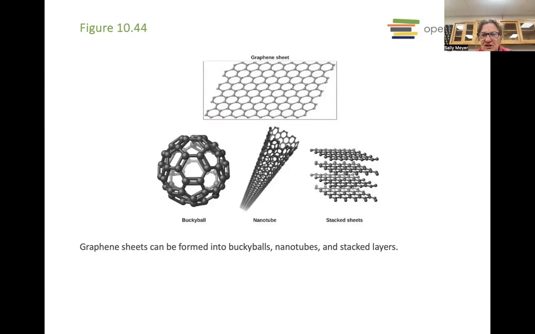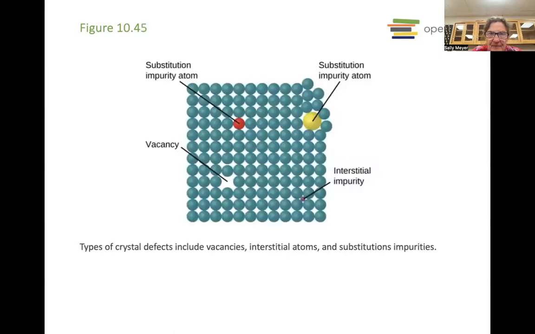And when you look at those sheets, they're all sp2 hybridized carbon. And so the sheets are super, super strong. So you can use them to reinforce things like you could steel. But they're super light because it's a single sheet of atoms. So a buckyball, a nanotube, and then these stacked sheets make graphite, and a single sheet is called a graphene sheet.